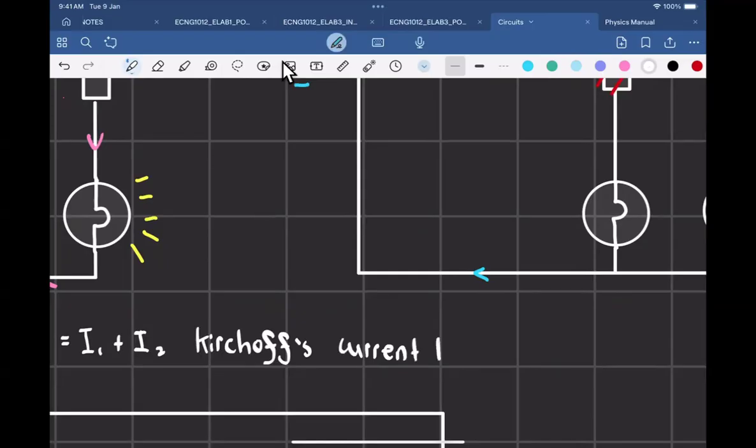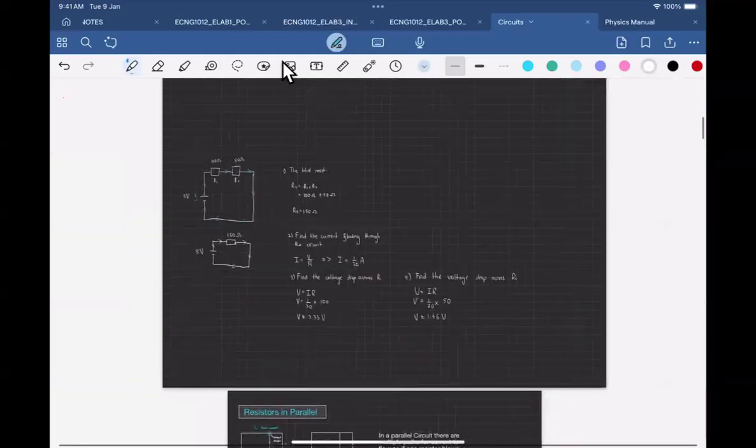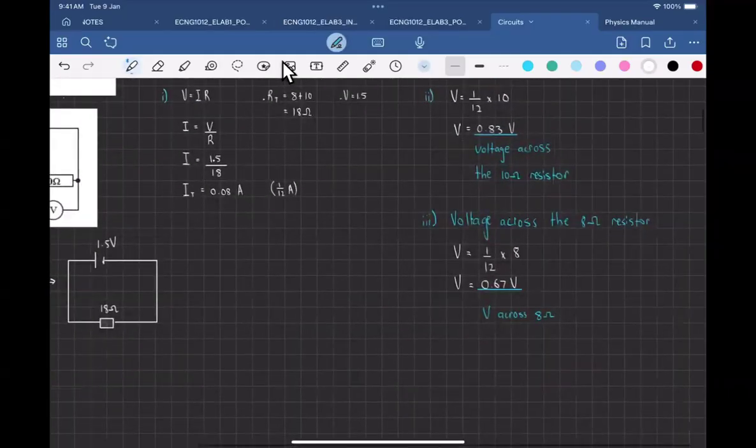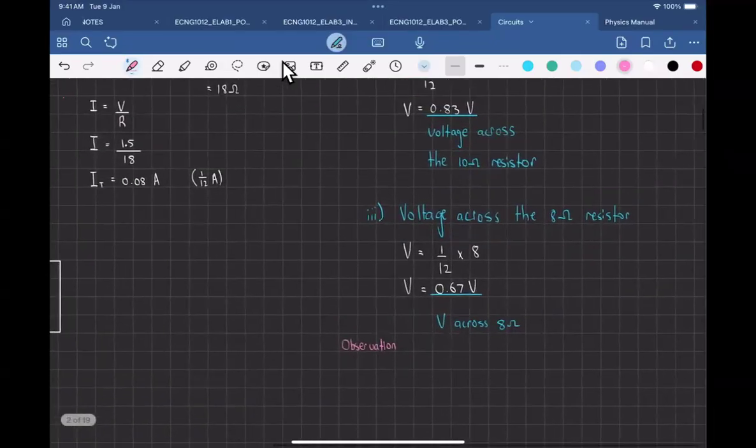Kirchhoff's current law. And in the previous question, when it was doing series circuits, you saw how when you added the 0.83 and the 0.67, you got the 1.5 volts. You all know what I'm talking about?